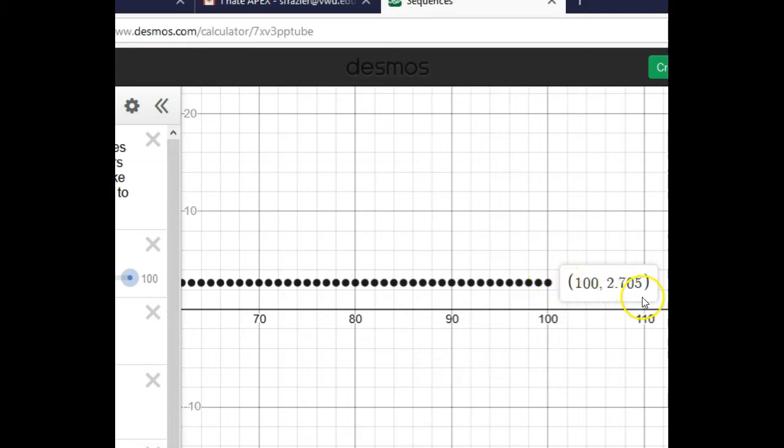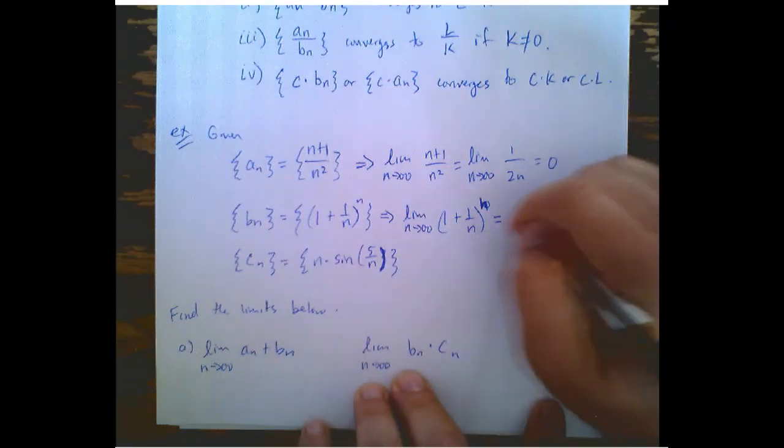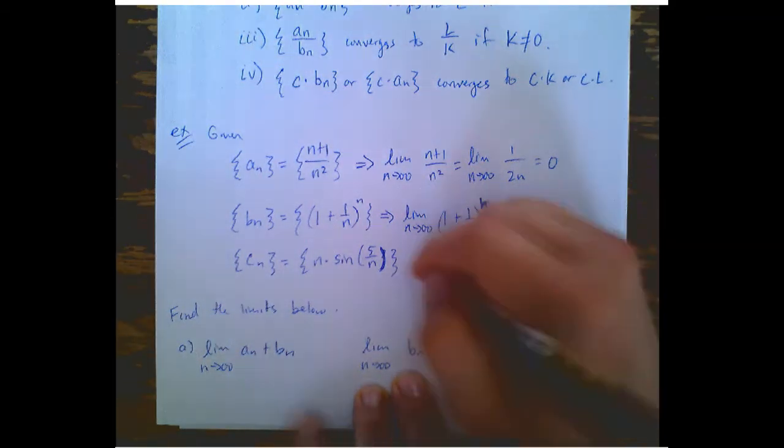Now, it can be proven that this number, if we continue on and on, will go to e. So this limit is equal to e by Desmos.